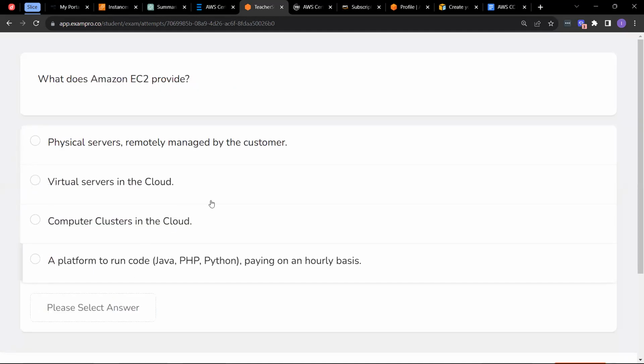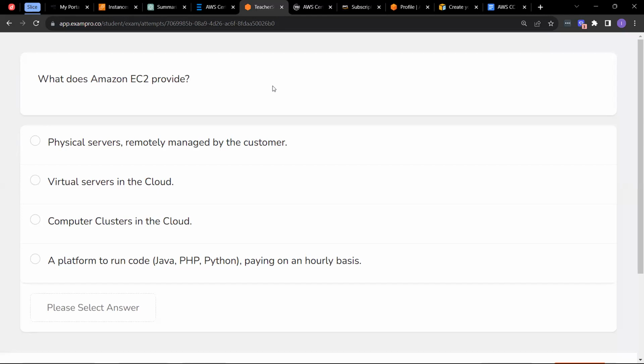So what does Amazon EC2 provide? All right, Jason says 3, Arnold says 3, Prince says 1, Ellie says 2, Vida says 2, Eben 2, Michael 2.